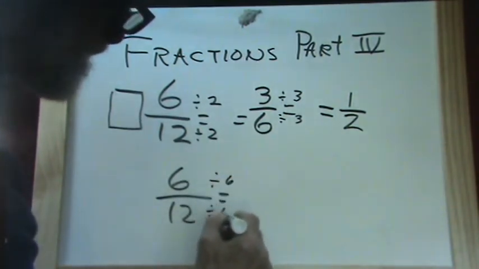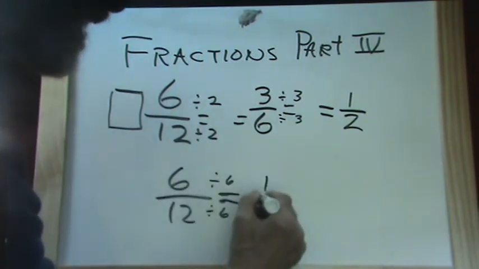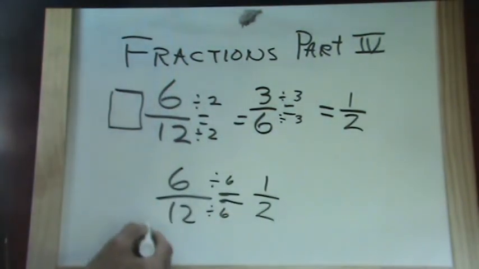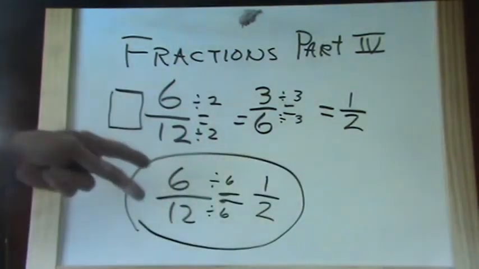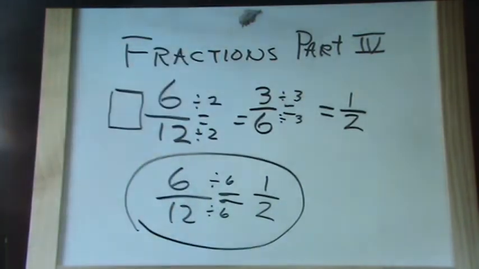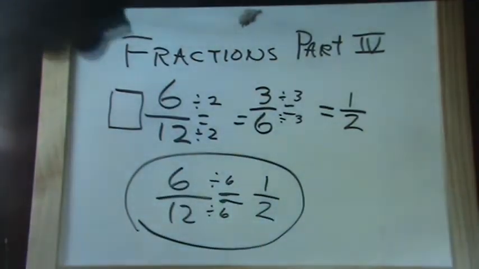So if we divide both of them by 6, 6 goes into 6 1 time. 6 goes into 12 2 times. So we get the same answer. Doing it this way, picking the largest number that can go evenly into both of them, will reduce the number of steps that you have to do. But either way, we got the correct answer.